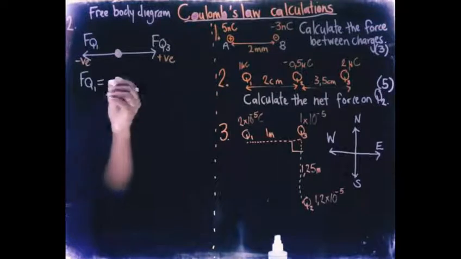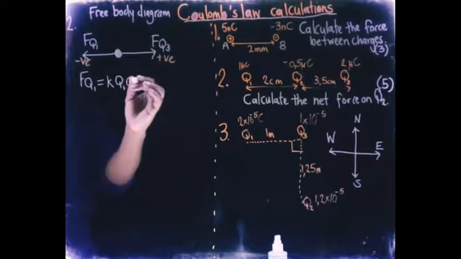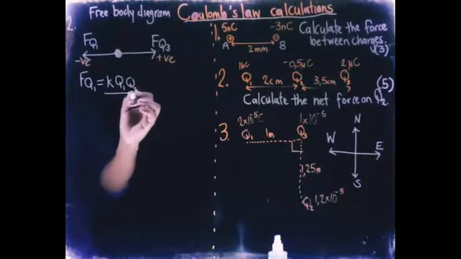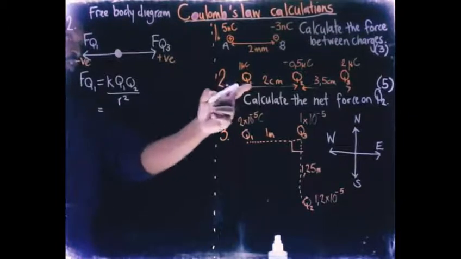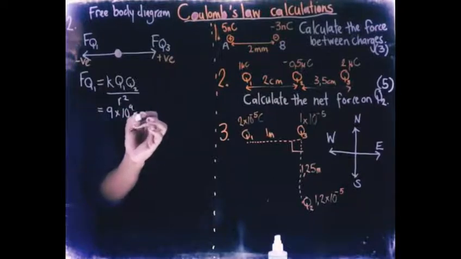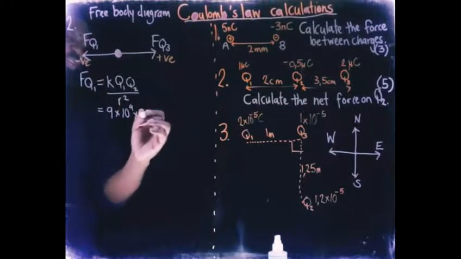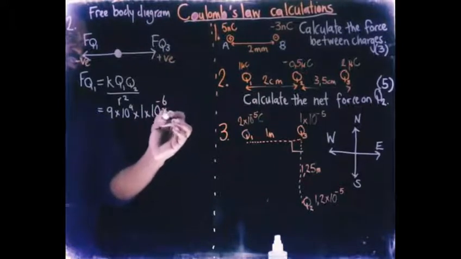It's going to be K times Q1 times Q2 all over R squared. Now, the K, we know it's a constant. Q1 is 1 microcoulomb. Micro, guys, means times 10 to the minus 6.